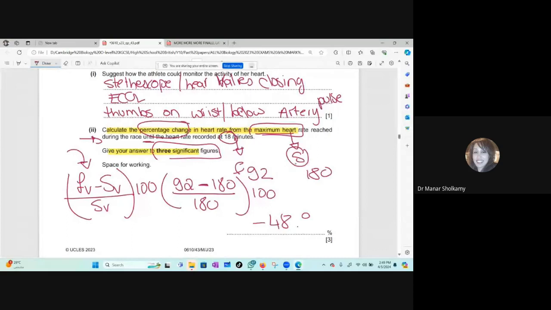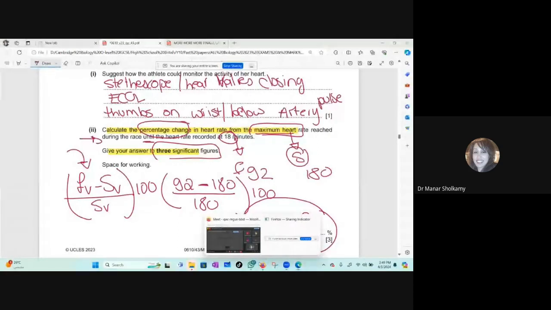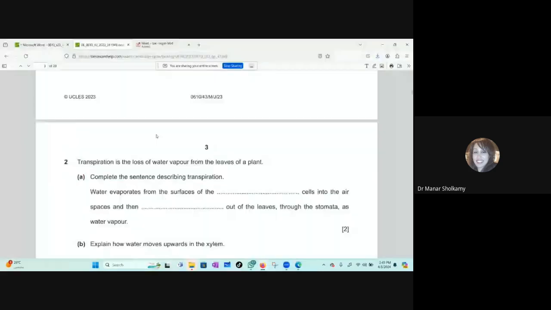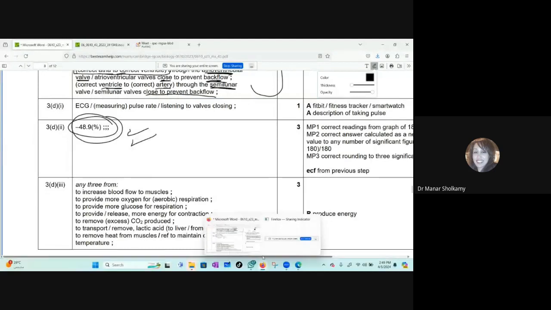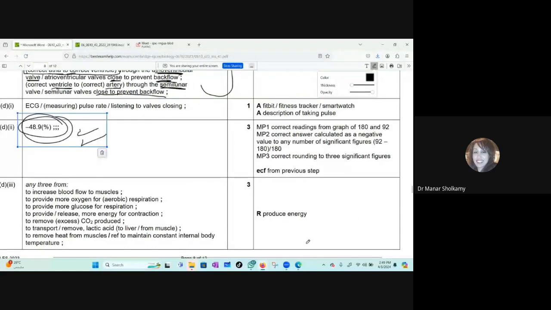Now let's look at the mark scheme. I want you to see where the marks are going. Marking point 1 for correct readings from the graph of 180 and 92, so you have to know how to read the graph.